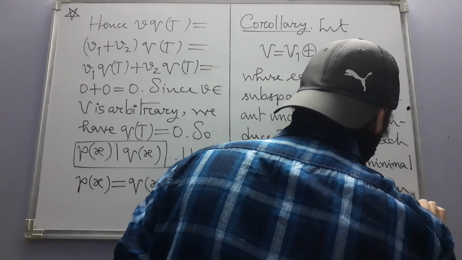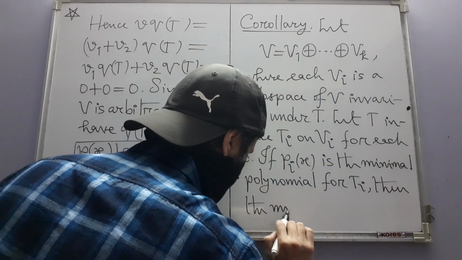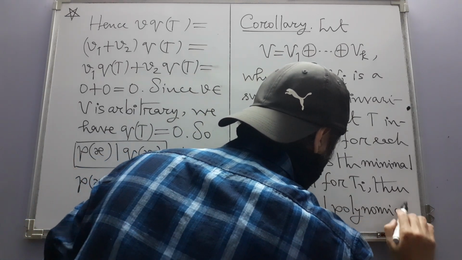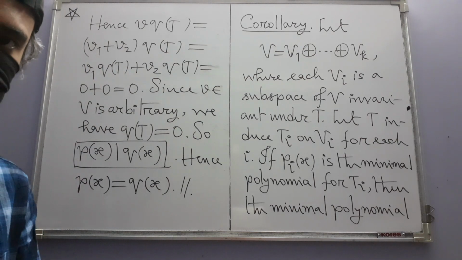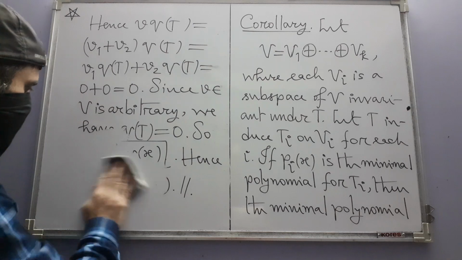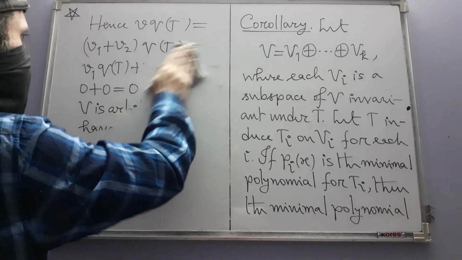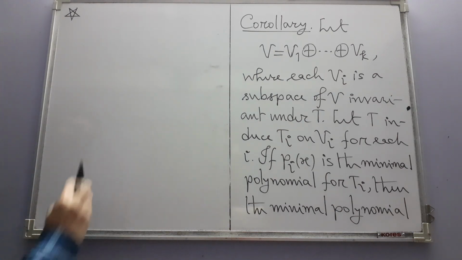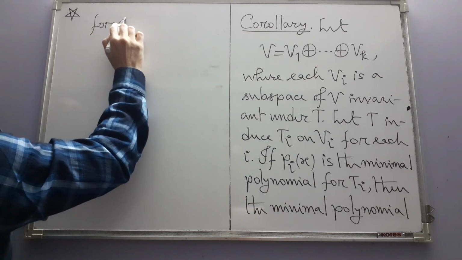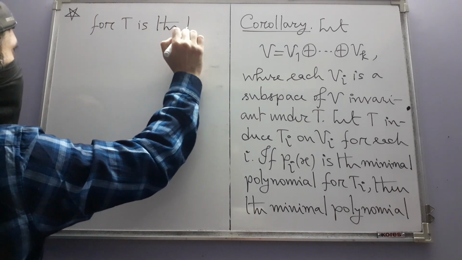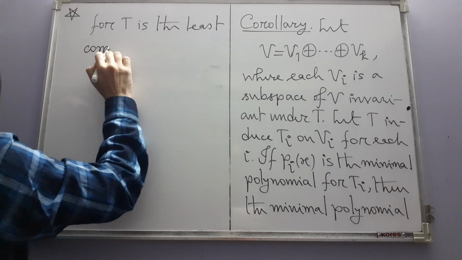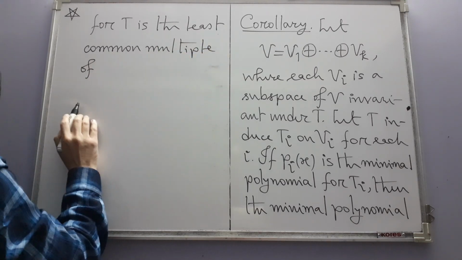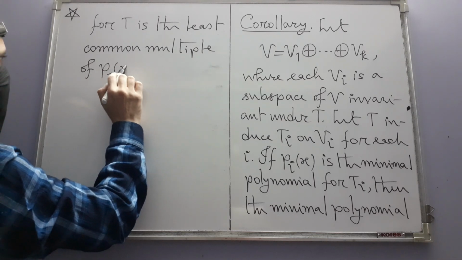Then the minimal polynomial for T over F is their LCM, the least common multiple of these polynomials.